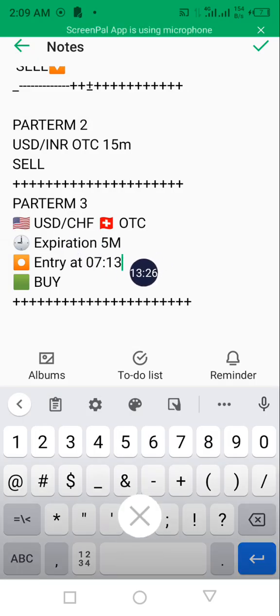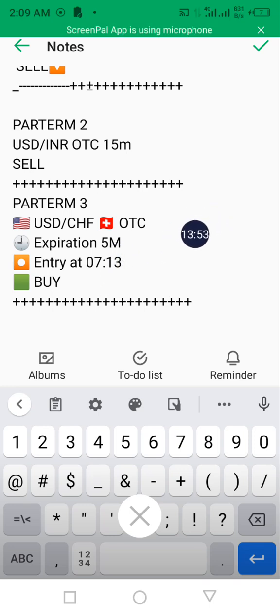So how do you trade this kind of signal? Wait until the minute handle of your clock reads this 13 before you enter the trade. You can see my minute handle is currently on 09. So I will wait until my minute handle reads 13, this 13 here, before I enter the trade.